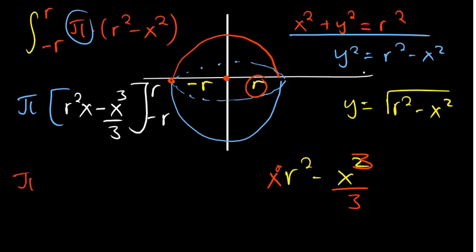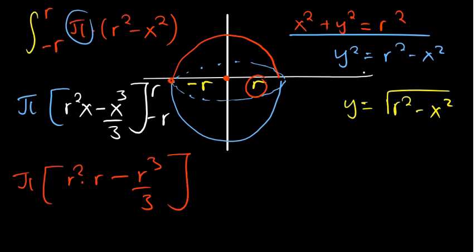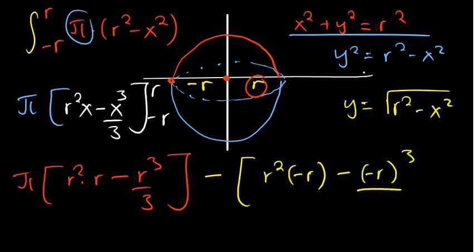Beginning with the upper limit, where there's x, we put r. So we have r squared times r minus r to the power 3 over 3, and then for the other part we subtract: r squared again multiplied by negative r, minus negative r to the power 3 over 3.